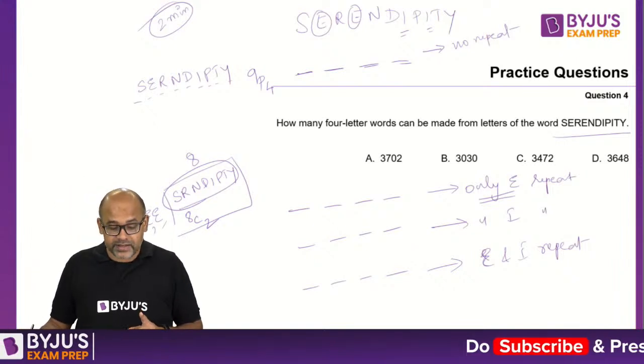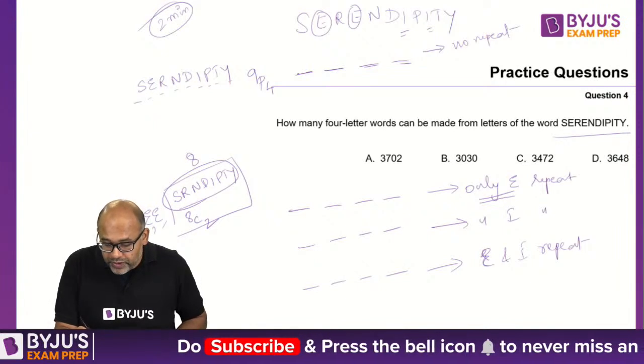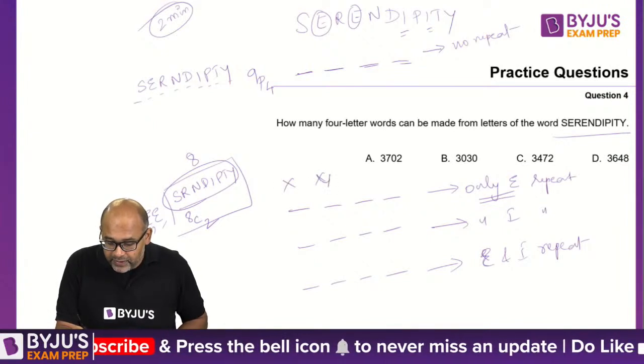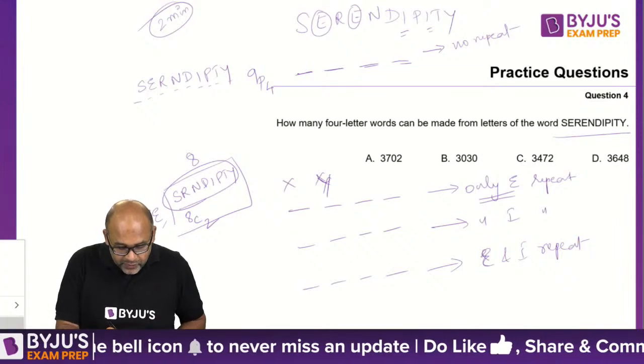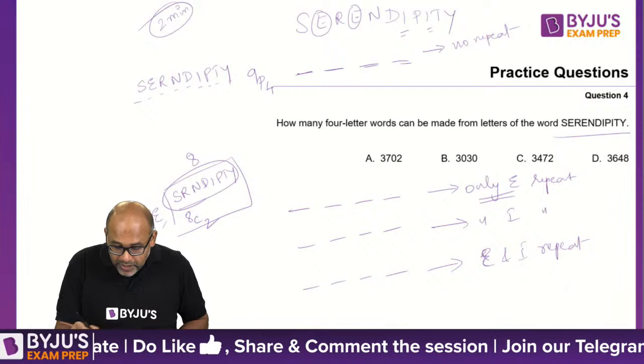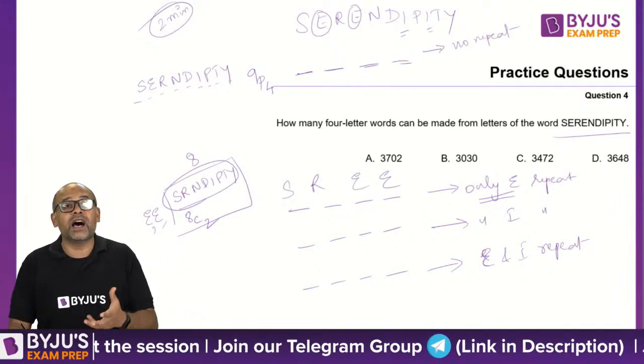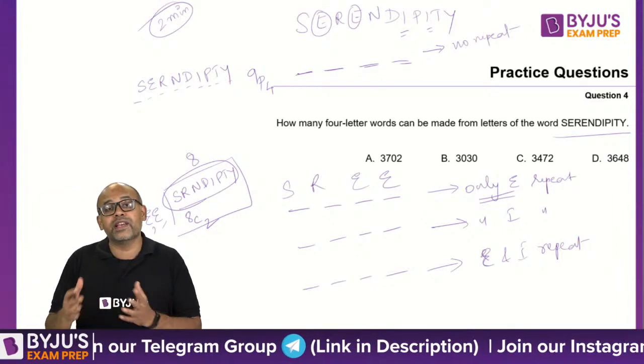Once I choose this 8C2 and combine the 2 E's with it, let me take an example. I will take S, R and EE. If I use SREE, how many ways can I arrange SREE?